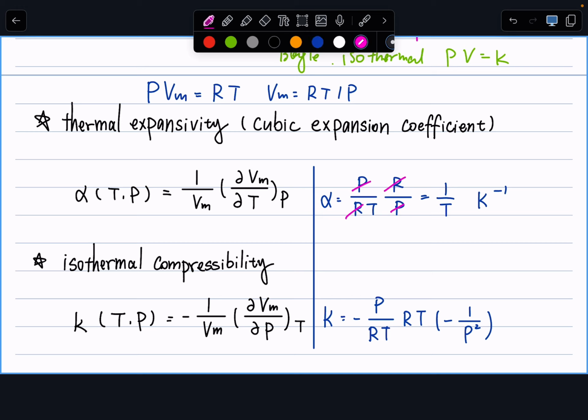Again, lots of things cancel out. Your RT cancels out, P and the P squared cancel out, and the negative and negative cancel out. Your kappa equals 1 over P for ideal gases, so the unit is like bar minus 1, or torr minus 1, atm minus 1, as long as the unit for pressure is the same.